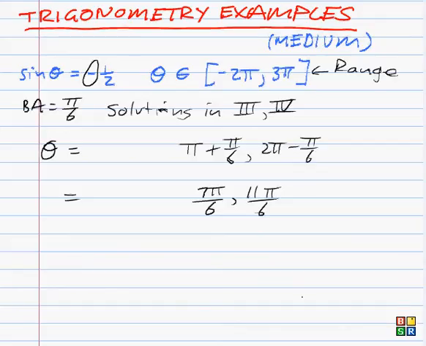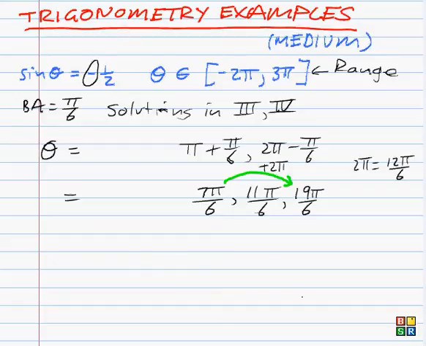We need to do this leapfrog process, by which we take 7 pi on 6 and add 2 pi to it. 2 pi is the same as 12 pi on 6, so we're doing 7 pi on 6 plus 12 pi on 6, which is 19 pi on 6.